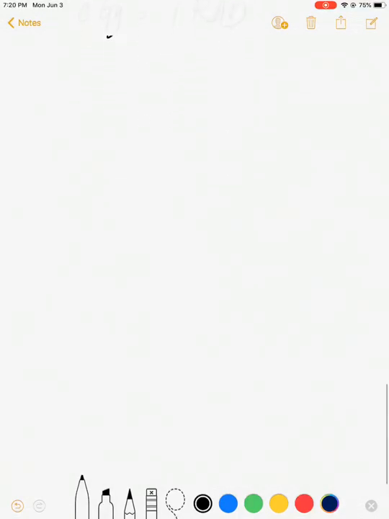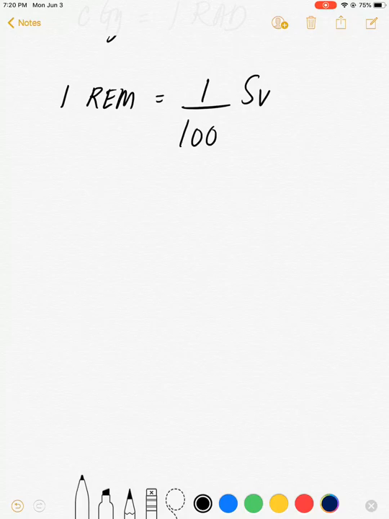The next thing we're going to do is rems. We know that 1 rem equals 1 over 100 sievert. Okay? We know that 100 centisievert equals 1 sievert.